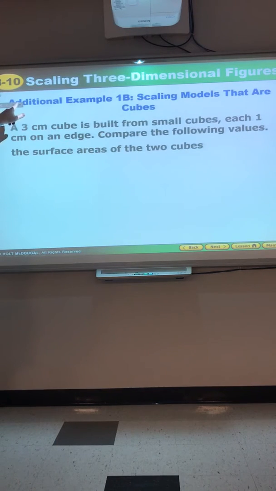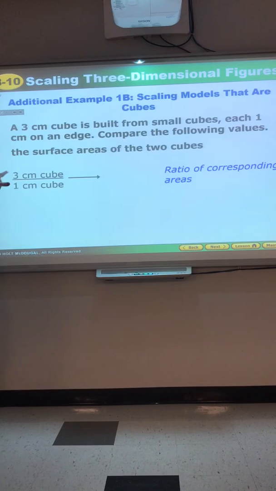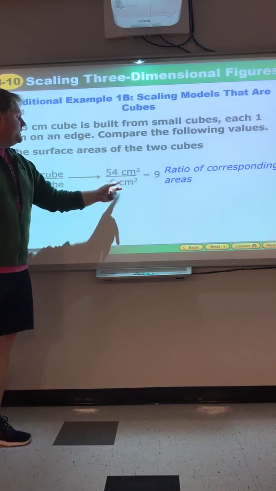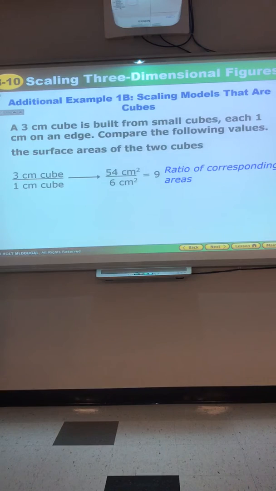So, scaling model, we went up by 3. Let's see how it does the ratio of the corresponding areas. So the 3-centimeter cube has 54 centimeters squared, and the 1-centimeter cube has 6 centimeters squared. That is a ratio of 9.